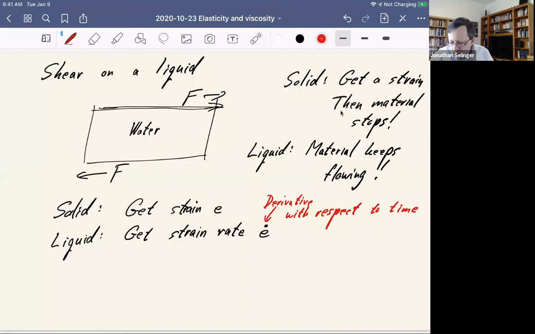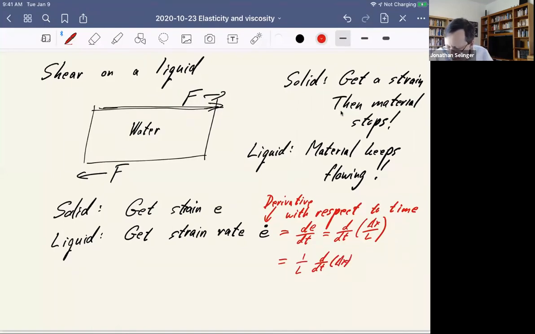Okay, so e dot means the derivative of e with respect to time, or you could say this is the derivative with respect to time of delta x over L. Or you could say this is 1 over L, since this is approximately constant, times the time derivative of delta x.